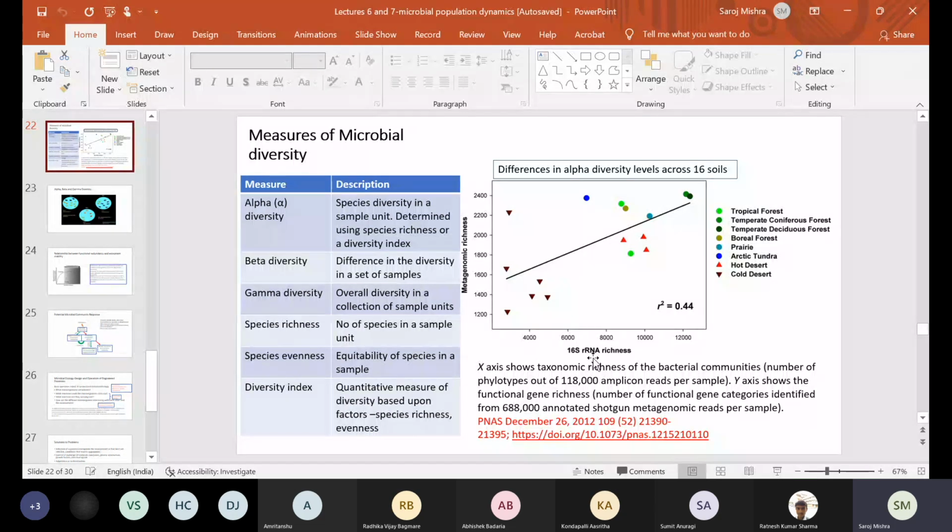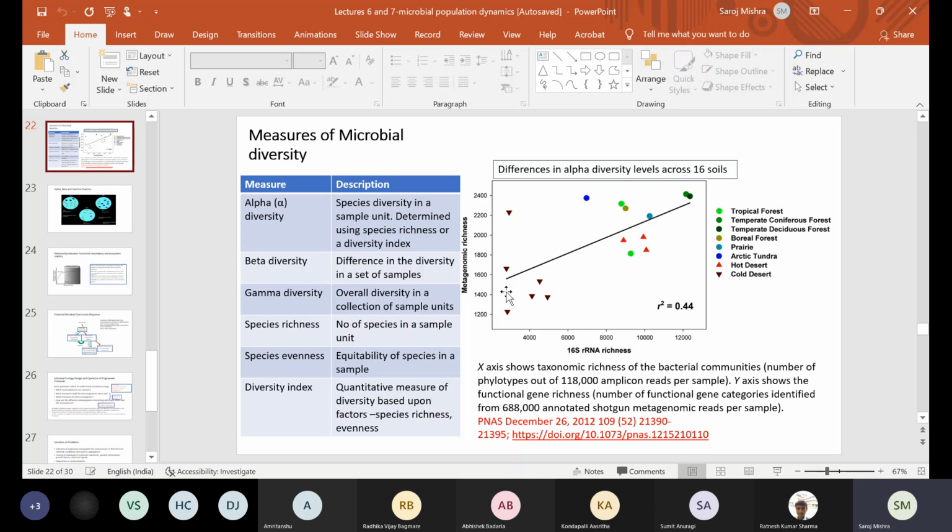Unlike in 16S ribosomal RNA, where you are only amplifying the gene coding for the 16S ribosomal RNA, in the metagenomic library you also get a chance to look at what functions these DNA fragments are coding for. What enzymes are they coding for? What is the functional diversity? And so on and so forth.